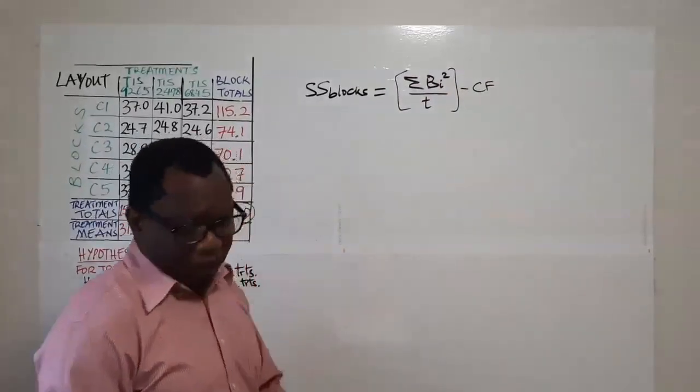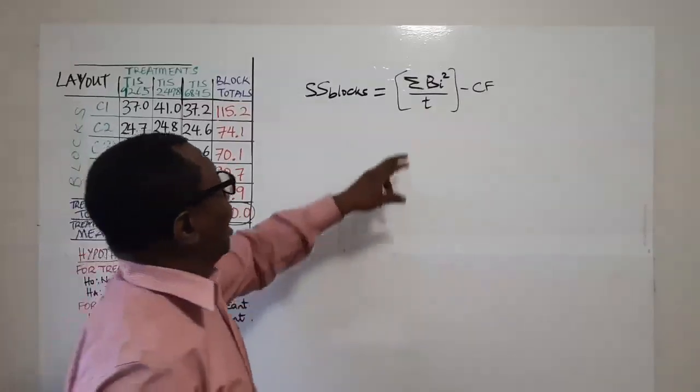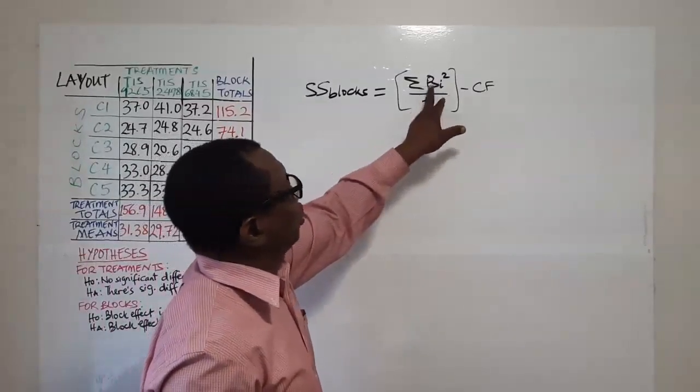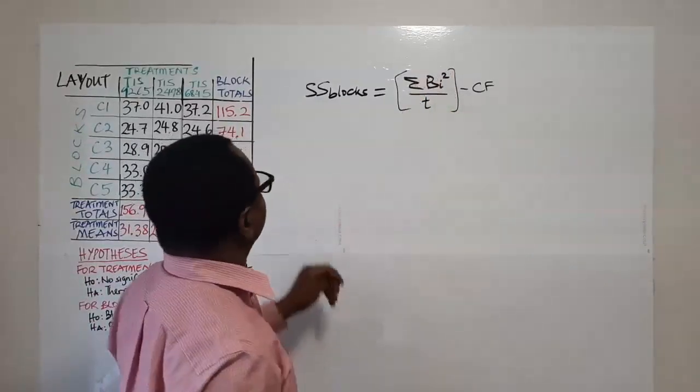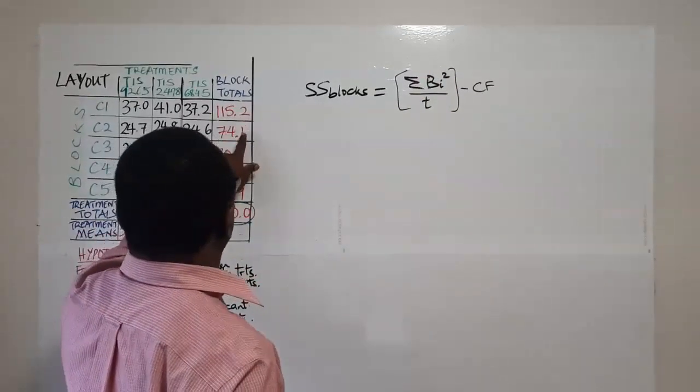So what does this mean? This means our block totals, each of them will be squared and added together. So here are the BIs, the block totals.